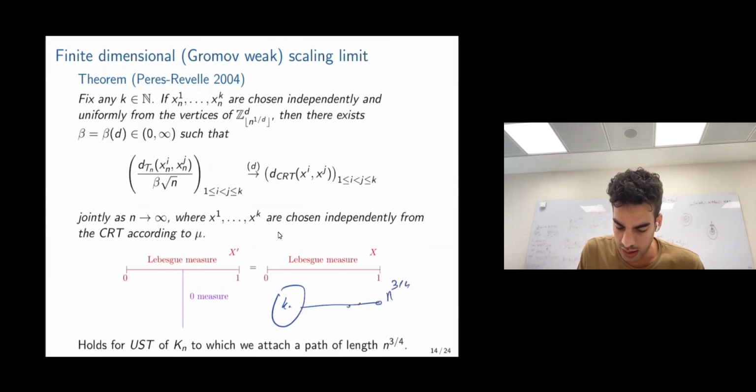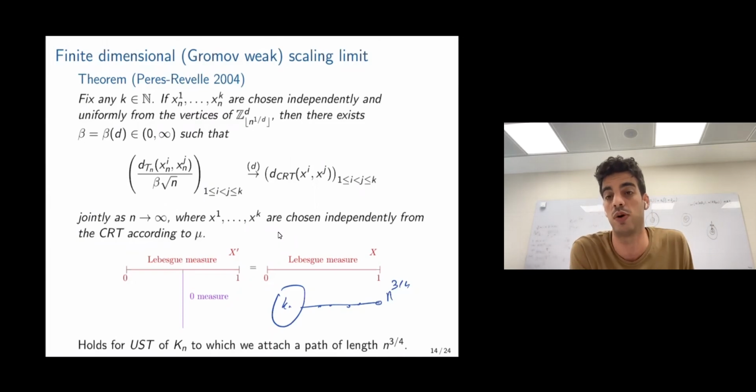We can take the complete graph Kn and attach to it a path of length n to the 3/4. If we look at the sequence of USTs on these graphs, we will get that distances converge, right? We pick k points along the sequence, but since the length of the path is just n to the 3/4, which is negligible compared to the size of the whole set, we typically don't see this path.